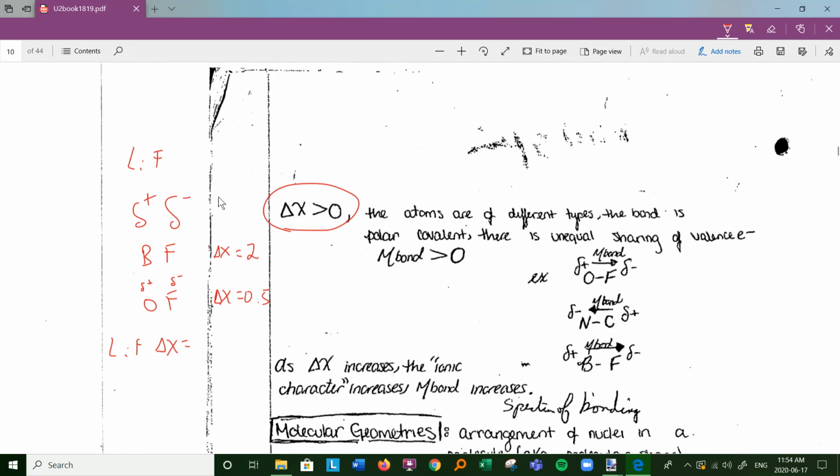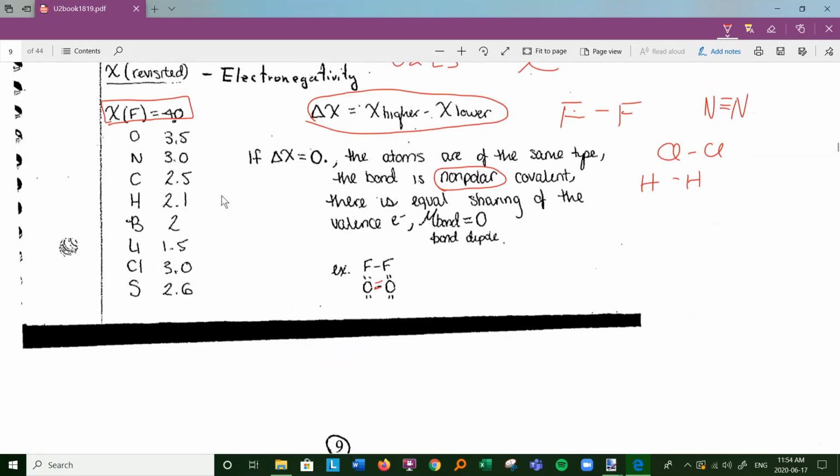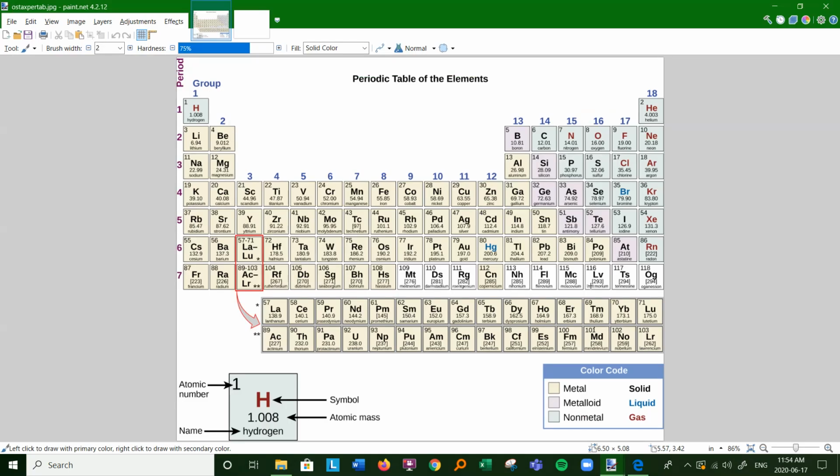Let's go up here. Lithium, I just want to be sure on these things. 1.5? I don't think so. Lithium, beryllium. Okay, so now let me go to my periodic table. We're going to solve for this, don't you worry. And I got fluorine 4, 3.5, 3, 2.5, 2, 1.5, 1. Lithium should be 1.